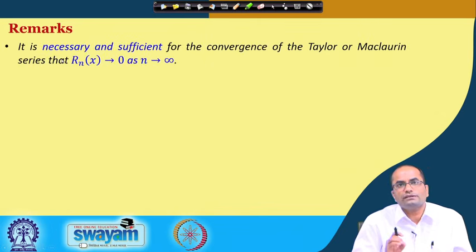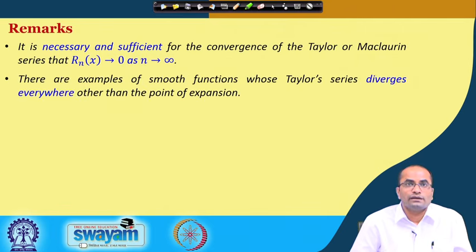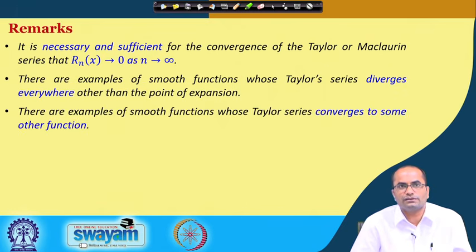So, what we have seen is the last remark again. It is necessary and sufficient for the convergence of the Taylor or the Maclaurin series that R_n(x) goes to 0 as n goes to infinity. Because there are examples of smooth functions, meaning we have derivatives of whatever order we like, but their Taylor series diverges everywhere other than the point of expansion, because at the point of expansion the series will have the same value as the function, as per the construction.